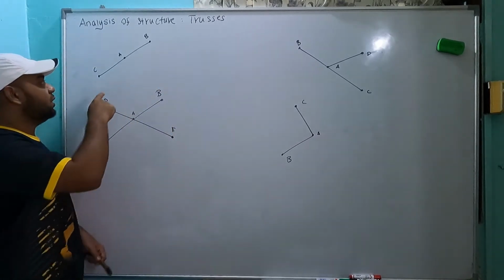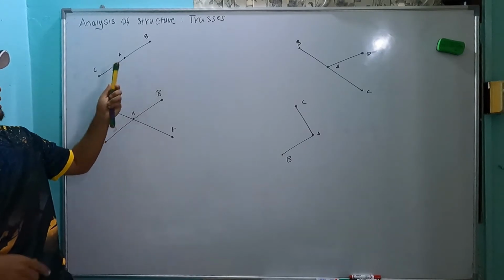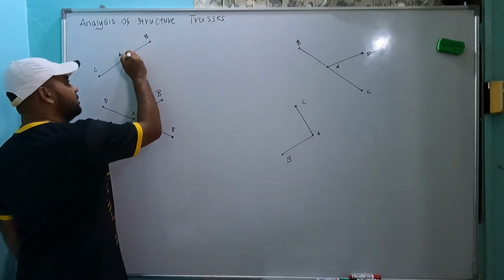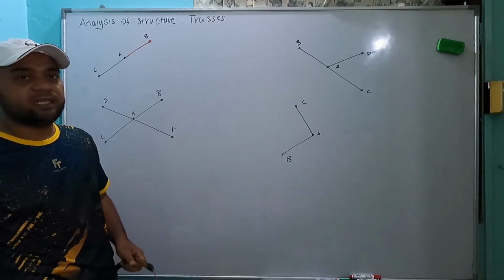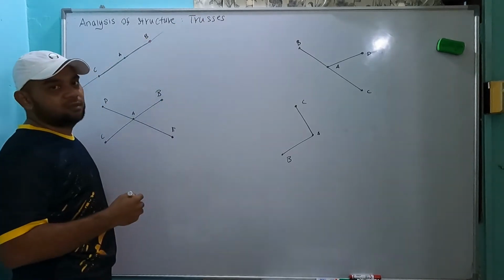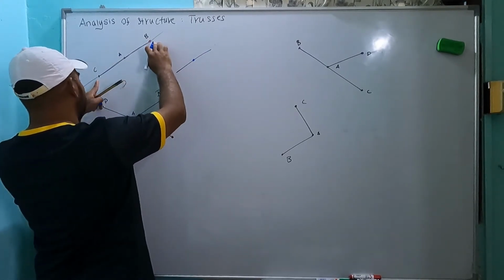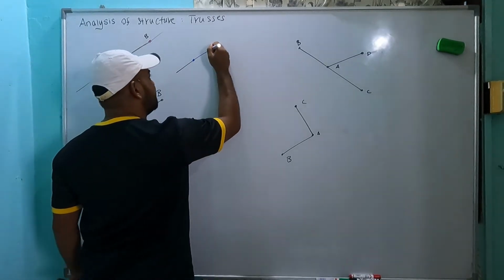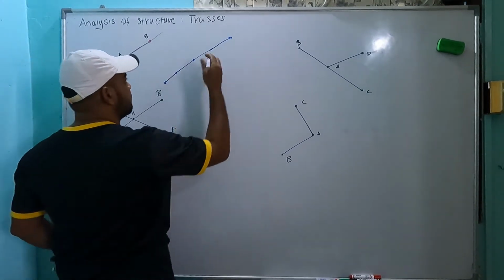So if we have two components, AC and BC, one in red and one in black, and both components are on one line of action of force, then for them to stay in a line, if you draw the free body diagram, because we always treat it as a two-force member, in tension or compression, there will be one force here and one force here.